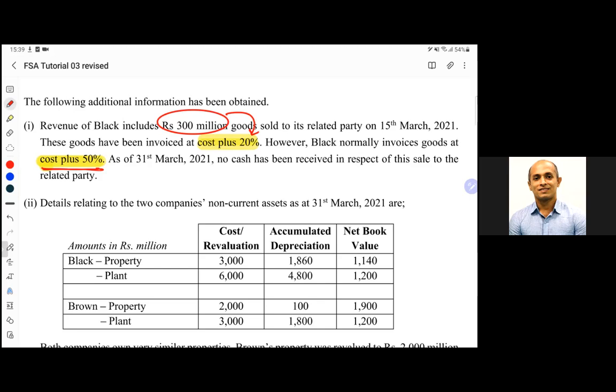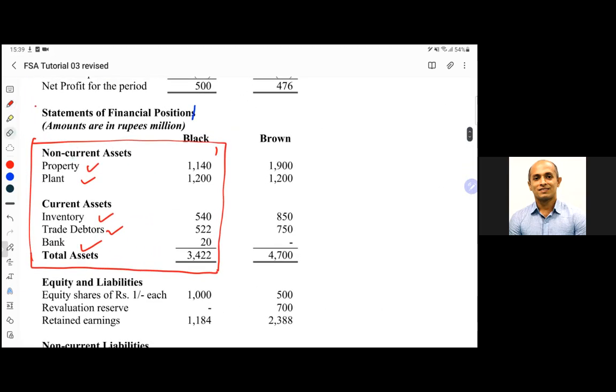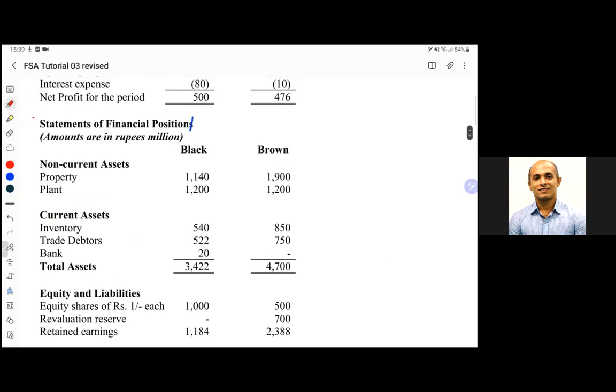Now you see, receivables of Black company, trade receivables, you see 522 million. This includes 300 million priced at cost plus 20%.